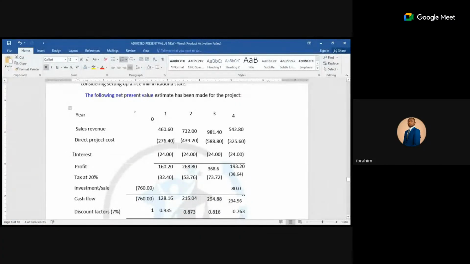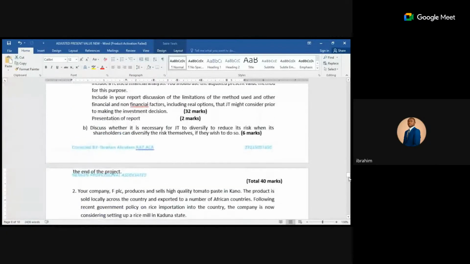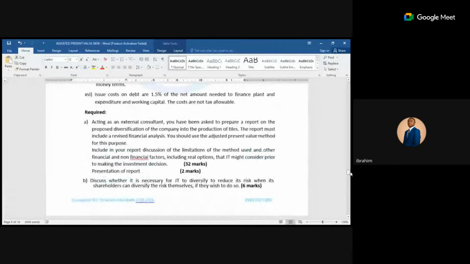The interest used by a financial accountant is not relevant, right? It's not.